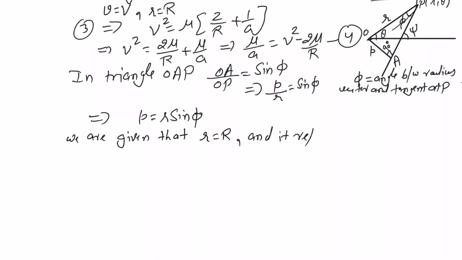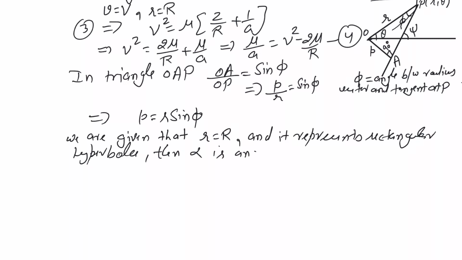It represents a rectangular hyperbola, then alpha is the angle of projection, that is phi is equal to alpha.